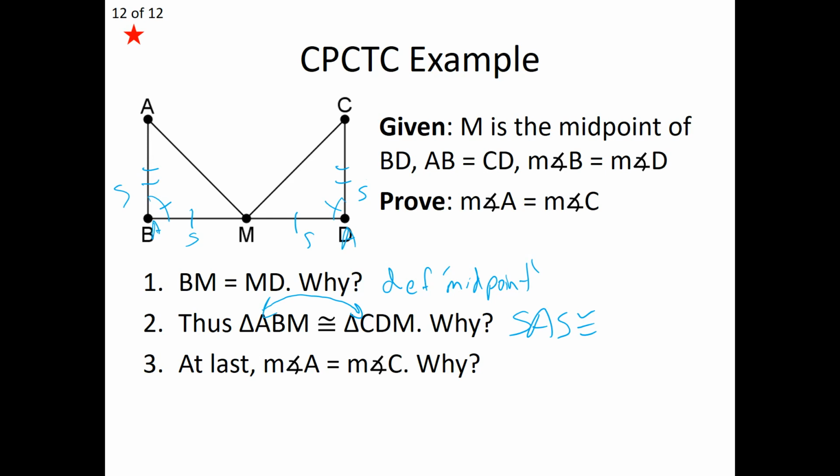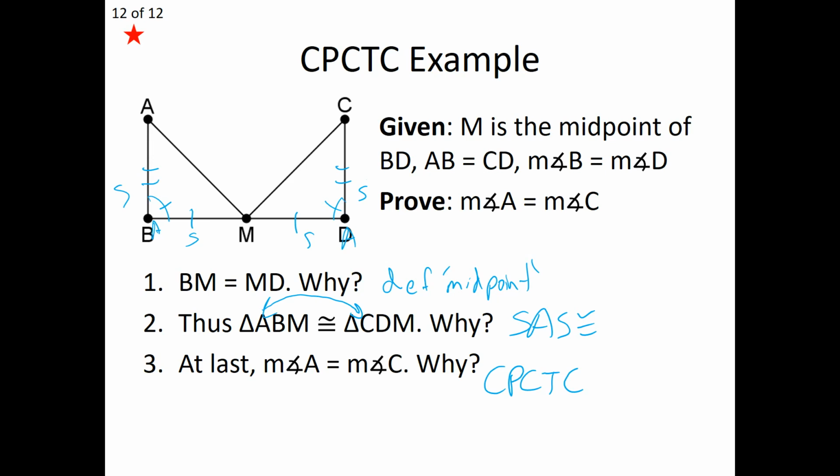It means I know that their corresponding angles at angle A and angle C must be equal. So in my very last step, I now can declare that the measure of angle A is equal to the measure of angle C. Why? Because of CPCTC, that the corresponding parts of the congruent triangles are congruent. I know that angle A and angle C are equal in measure.